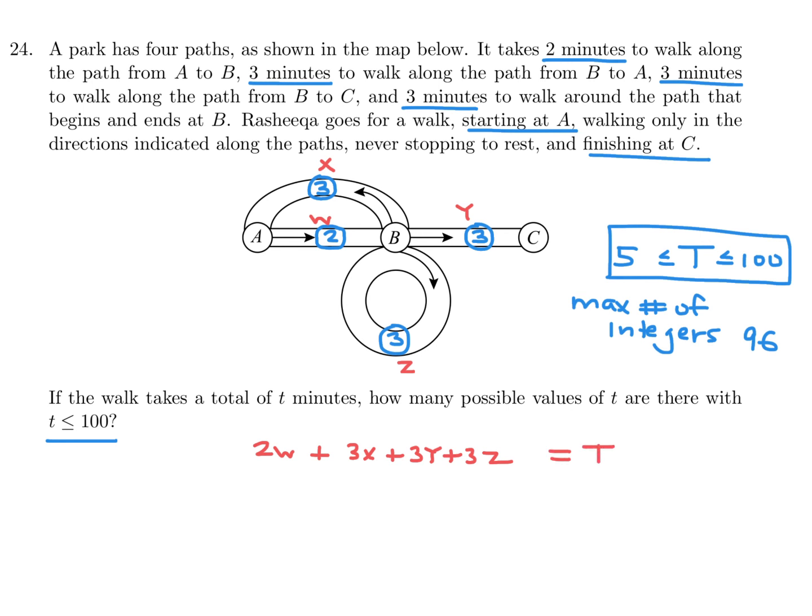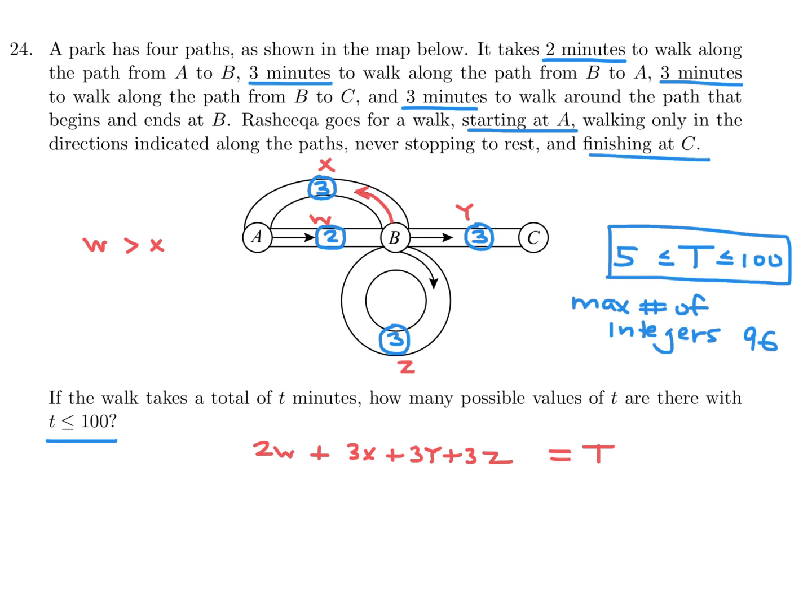Now, a few things that I noticed here. When you go from A to B, if you come back, then you end up at A again. So that means you have to go again from A to B. So that means W has to be greater than X. There's no way that you can come back.